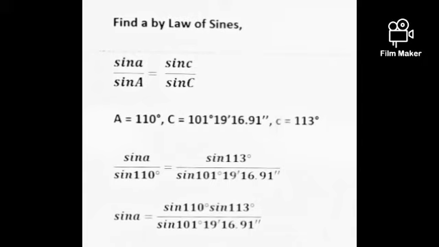After the substitution, we get the equation sine of small a over sine of 110 degrees equals sine of 113 degrees over sine of 101 degrees, 19 minutes and 16.91 seconds.